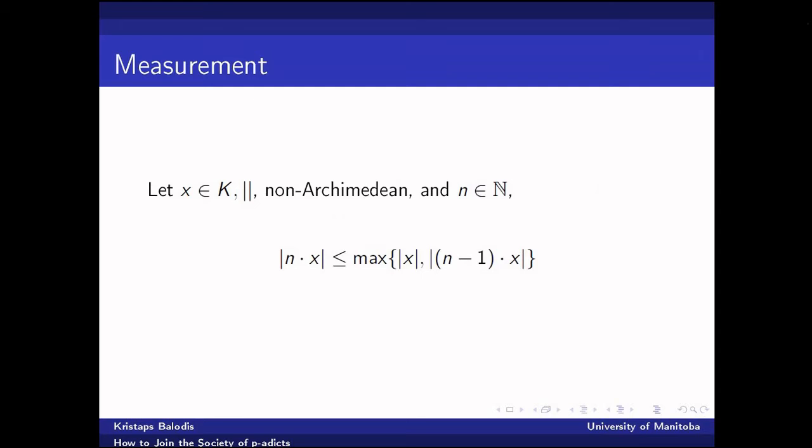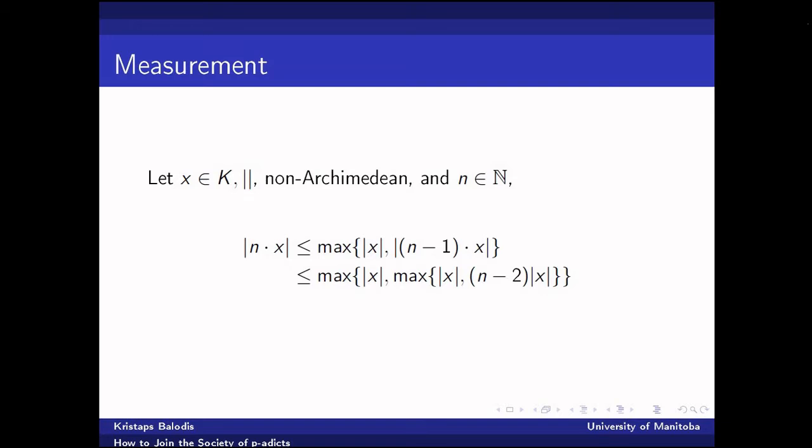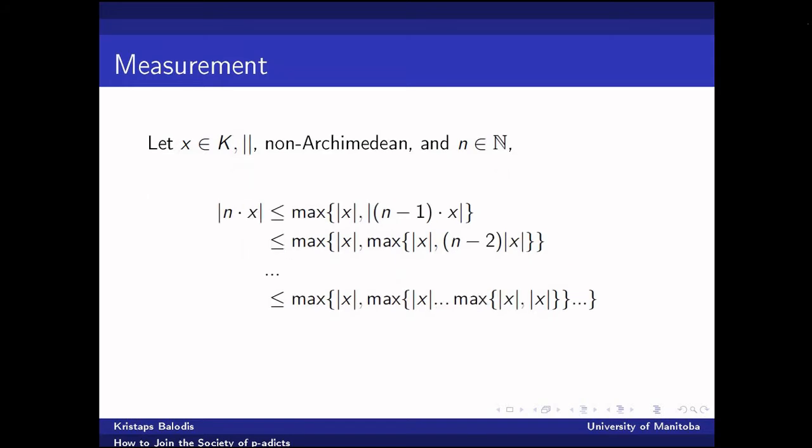But now let's consider a norm which is non-Archimedean on some number field, and we consider some integer multiple n times x of an element of any field. Then, by assumption, that's at most the maximum of the norm of x and the norm of (n minus 1) times x. But the norm of (n minus 1) times x is going to be the maximum of the norm of x and the norm of (n minus 2) times x, and so on, until eventually we get this nested stack of maximums.